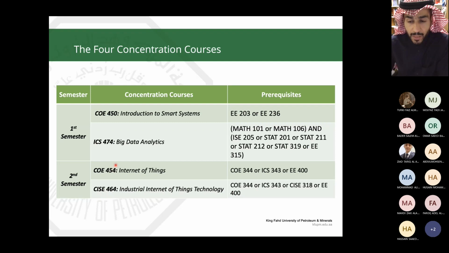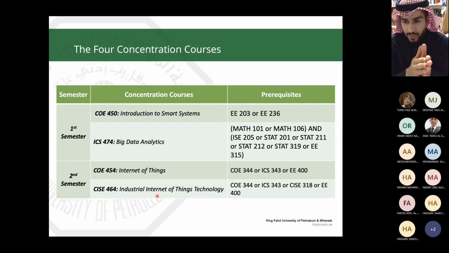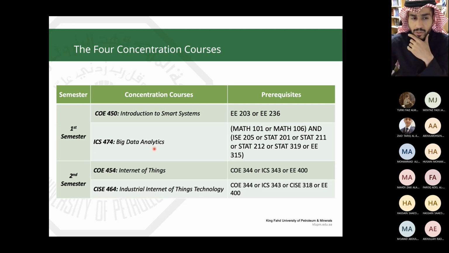Now, just a note, if you are an EE student or CISE student, and you would like to enter the concentration, you can, in fact, take the networking course during the first semester here.